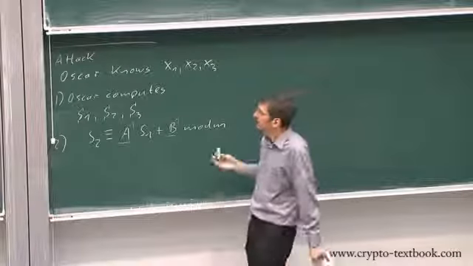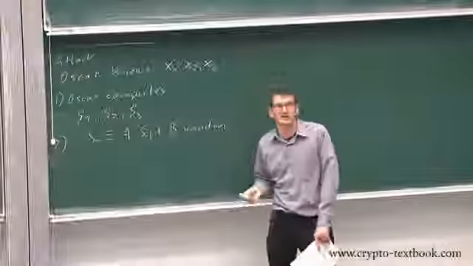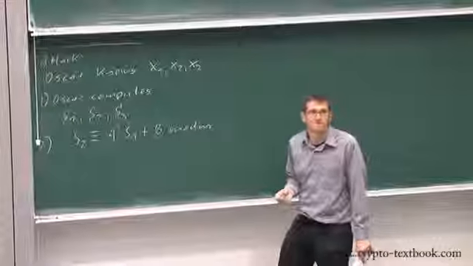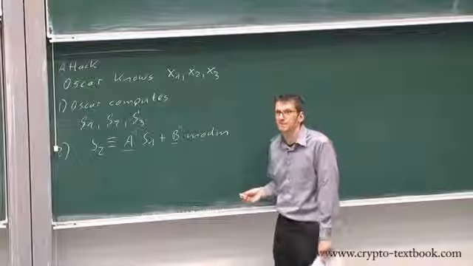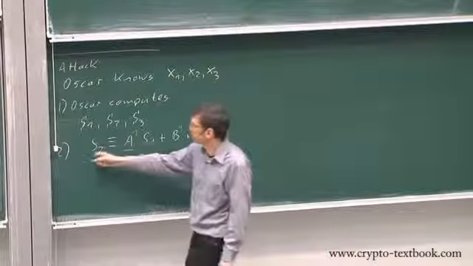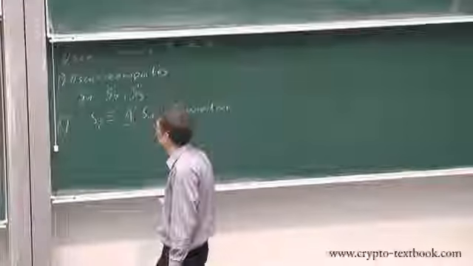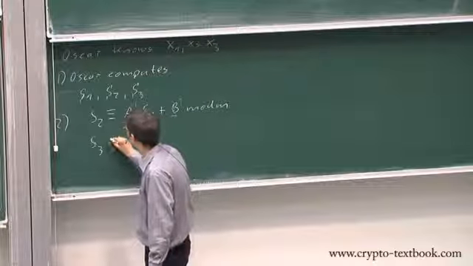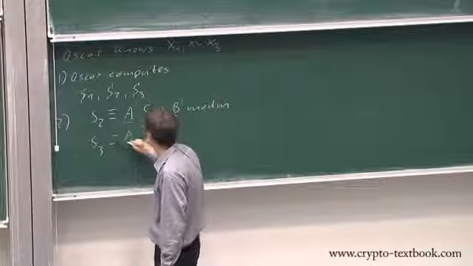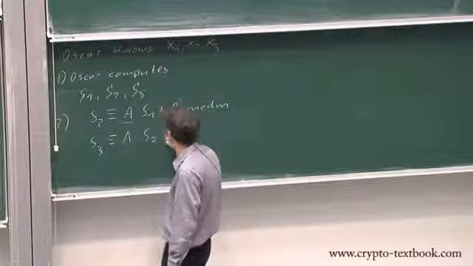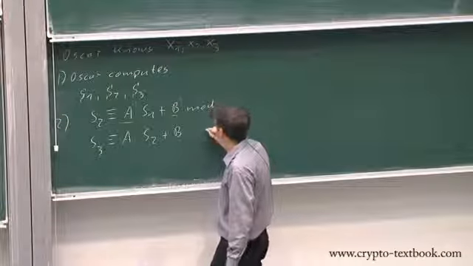Any ideas? Where do we get the second equation from? Exactly. That was how S2 was computed. Let's see how the stream cipher computed S3. S3 is computed as A times S2 plus B modulo M.